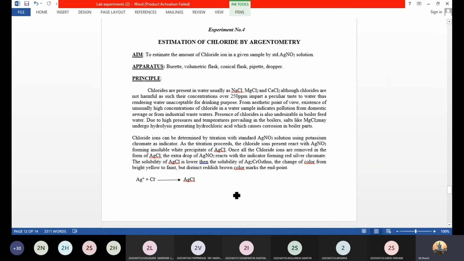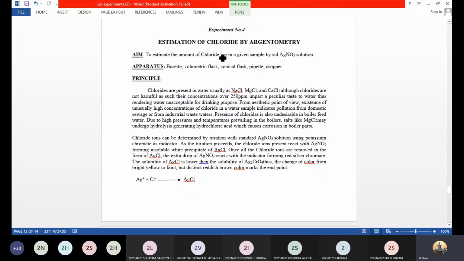If it is really high, then we can say that the water sample is highly polluted, because the pollution can be either from domestic sewage or from industrial wastewaters. So identification of chloride ions will help us check whether that water is feasible for drinking or not.